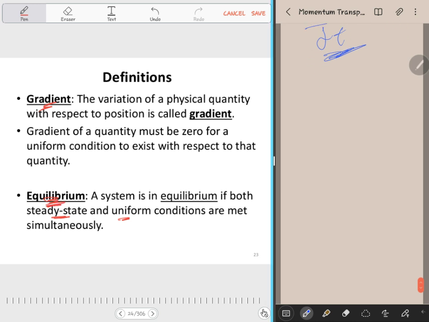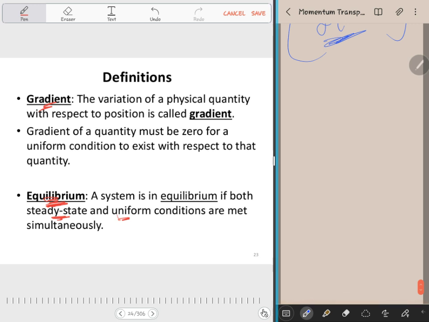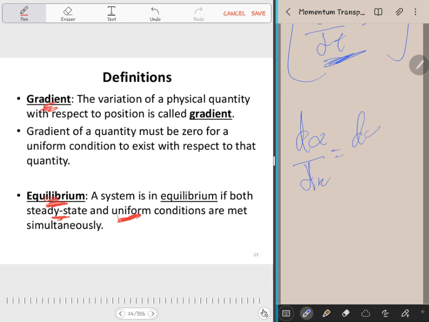So for a system to be in equilibrium, we need steady state, which is this one, and the uniform conditions. Uniform condition is where we are talking about position or gradient. So it could be something like this: quantity with respect to x, quantity with respect to y, depending on the coordinate system, quantity with respect to z.